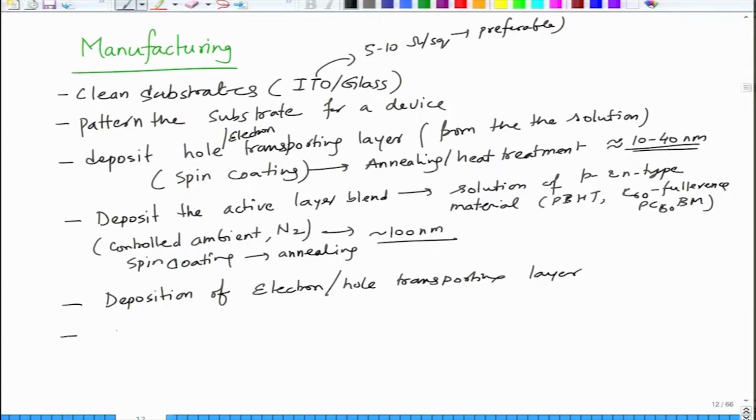And then we deposit the electrode. This layer is often deposited using evaporation, because once you deposit the active layer, you do not want to damage it using solvents. Solvent can dissolve the active layer, so we generally deposit it using a process called evaporation, and then we evaporate the electrode through a shadow mask.